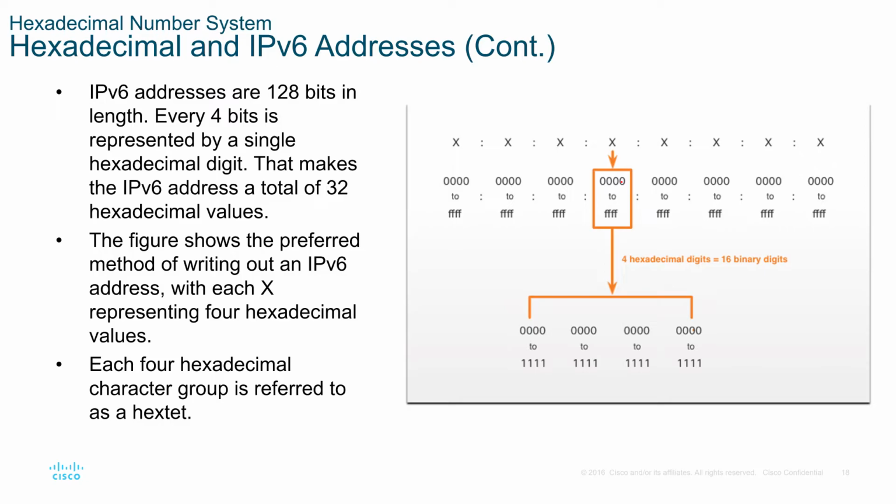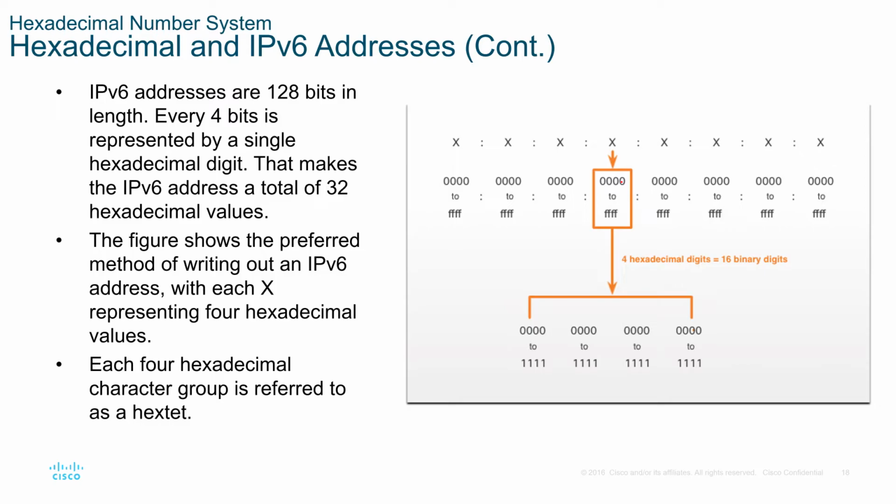They are separated into groups of 4 and separated by a colon. Each group could go from the lowest being all zeros to all Fs being the highest. Each group will have 16 binary digits, ones or zeros.